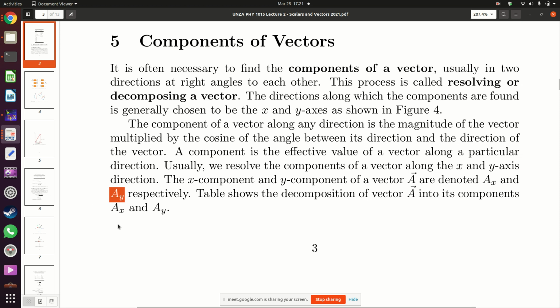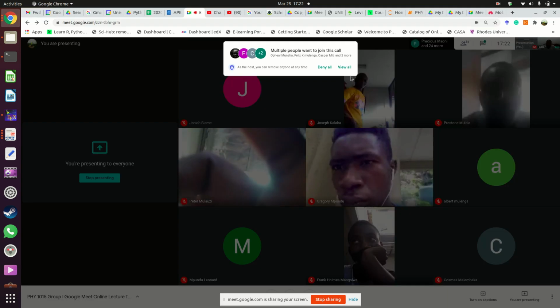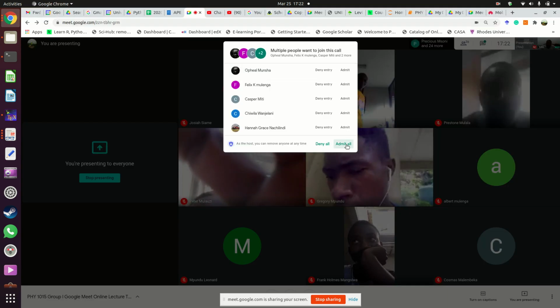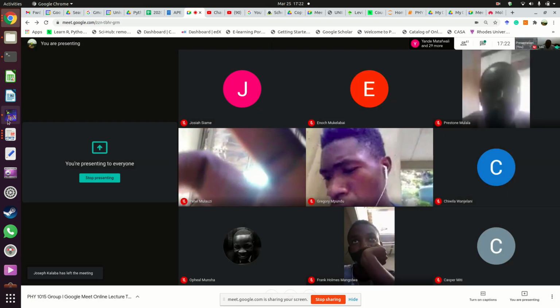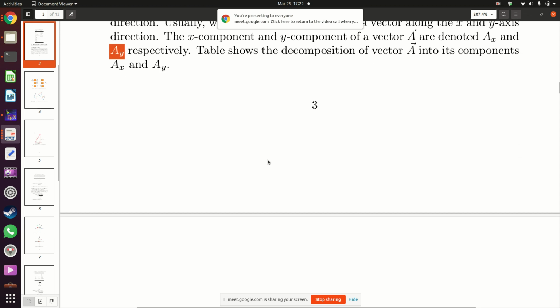For Ay, we multiply the size of the vector A times the cosine of the angle between the y-axis and the vector. So we are going to look at an example where we work out components and see how this is done.